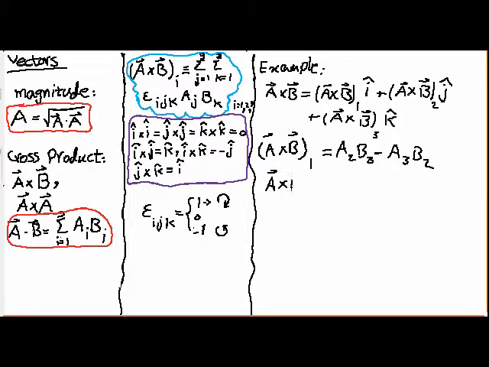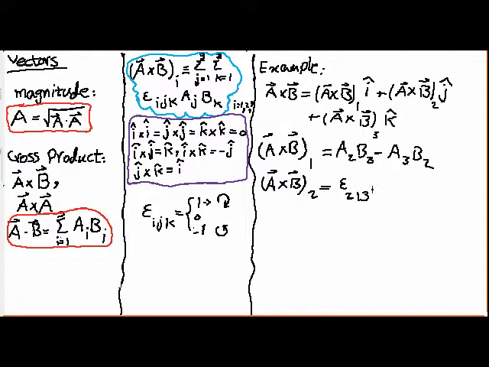A cross B, component 2, equals, so epsilon I is now 2. So J can't be 2 anymore. It can be 1 or 3. So let's take 1. Then K can't be 2 or 1, because if it is 2 or 1, epsilon is 0. So it can only take 3.